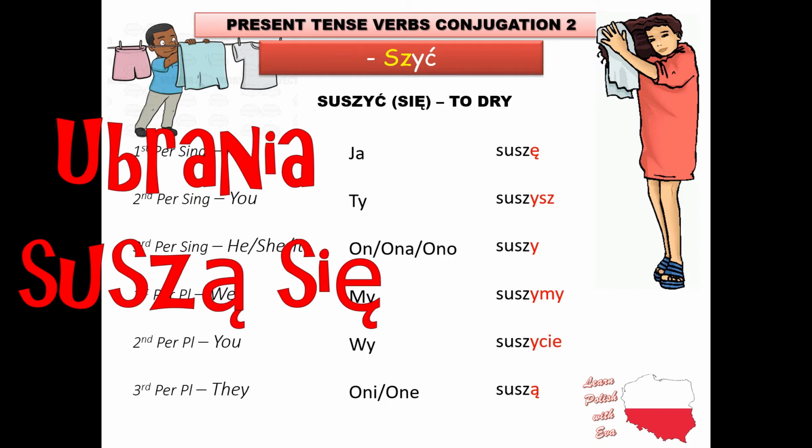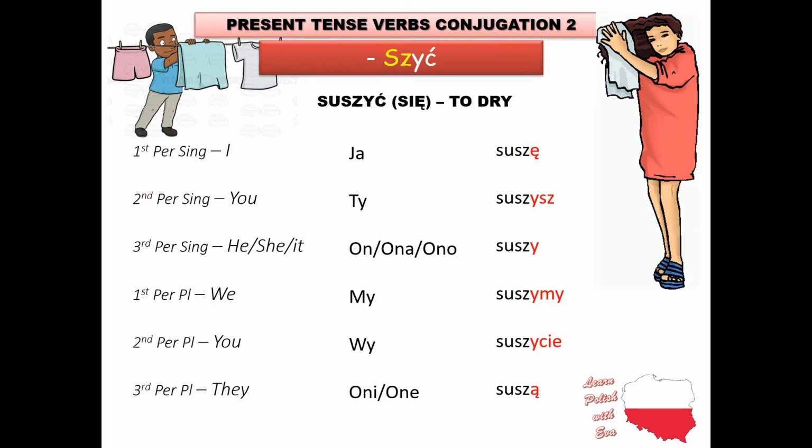That's how we see it. You could technically say that you are suszyć się, but we have a different verb really for that when it comes to people. So just bear that in mind. But like hair or clothes or anything that you need to dry, you can use this verb, okay? So bear in mind, you can use it in the reflexive form as well.